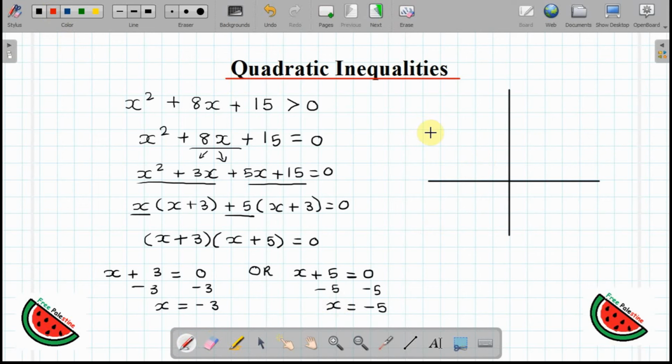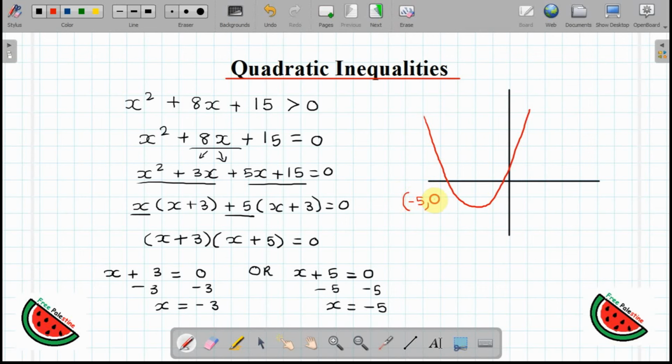So when I sketch this, it's going to look a little bit like this. I don't need to find the turning point as such for this. Okay, and it's only a sketch, so it doesn't have to be super accurate, but the location of things needs to be in the right place.